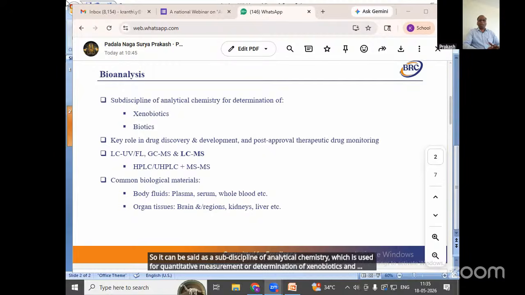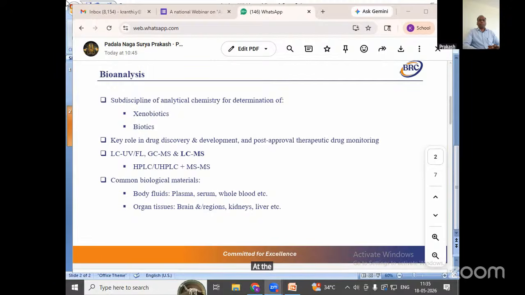Xenobiotics are chemically synthesized or naturally extracted drug candidates and genetically produced biological molecules and their metabolites or post-translationally modified products.